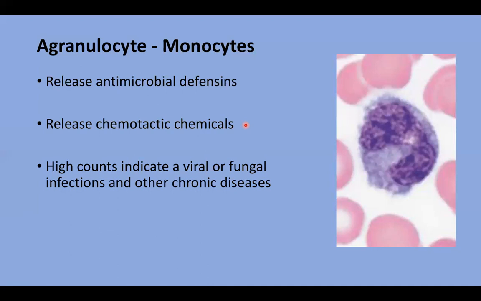So if you have a high count of monocytes, it's an indication that you have some sort of viral or fungal infection. And you also can have a high monocyte count if you have a chronic disease. The difference between a chronic, and you may have heard of an acute disease.